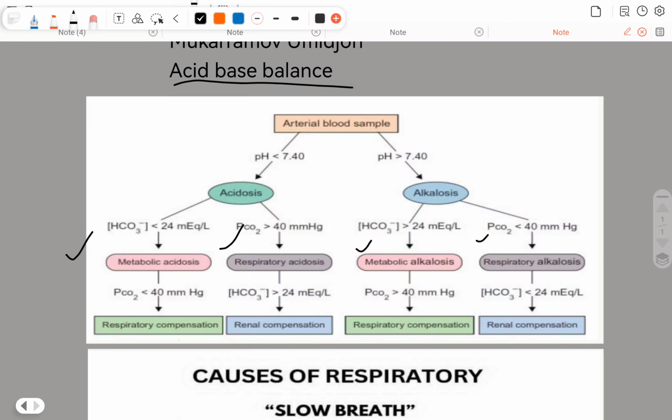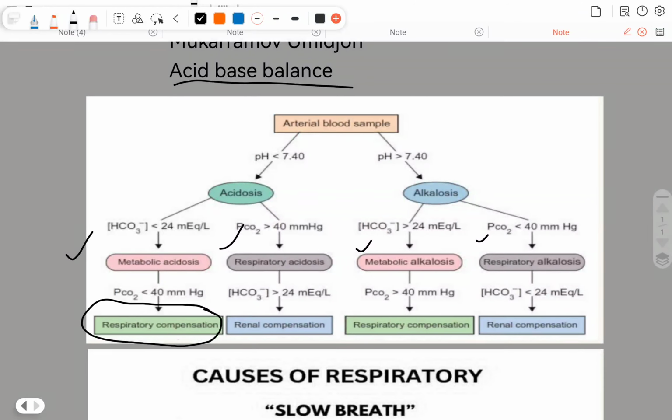In metabolic acidosis, the hydrogen ion concentration in the blood is elevated, and another organ tries to compensate for this condition. This organ is the respiratory system. The respiratory system tries to maintain the pH by eliminating hydrogen ions by decreasing the amount of carbon dioxide in the blood.